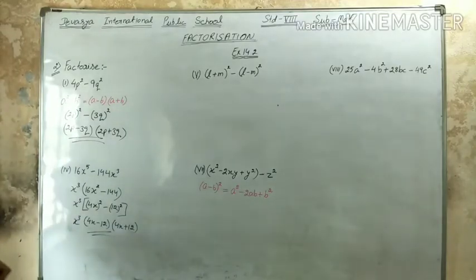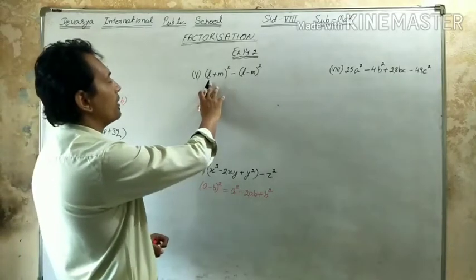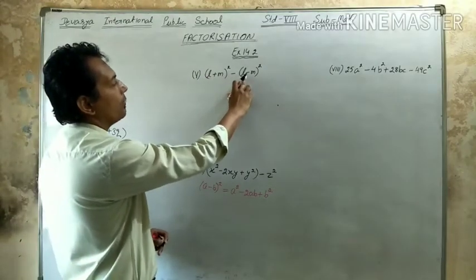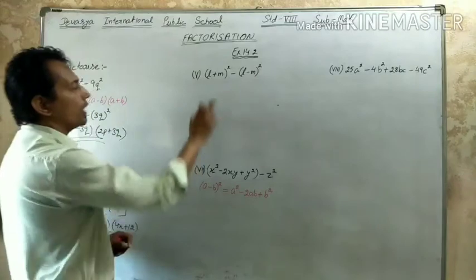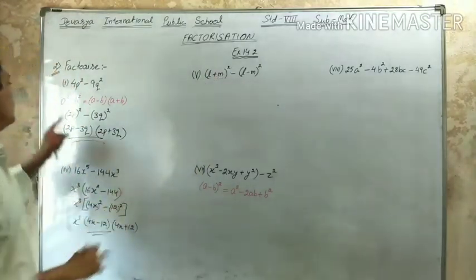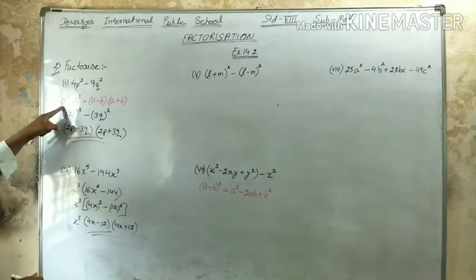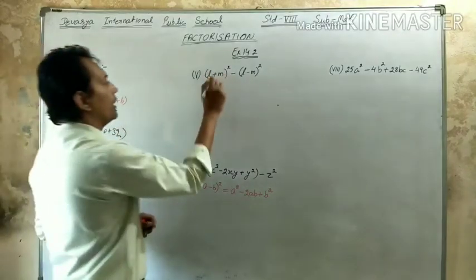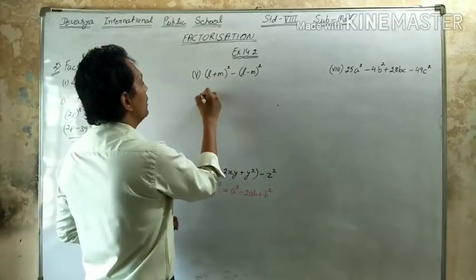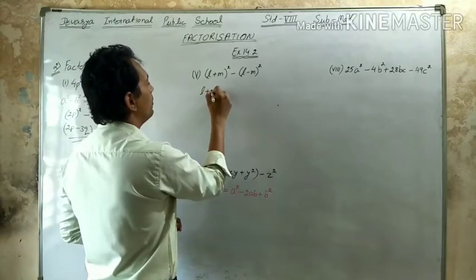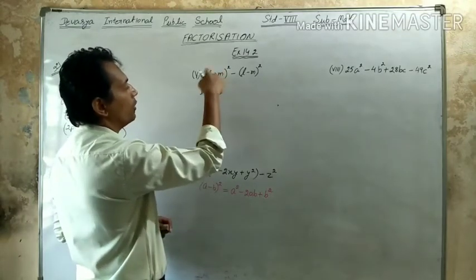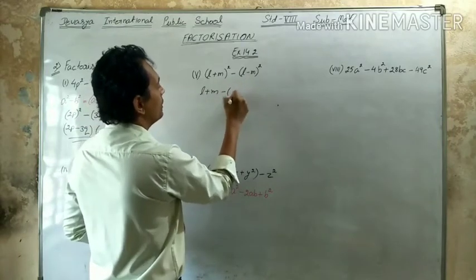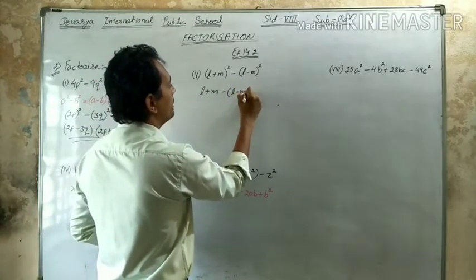Okay. Now we have one more expression, Roman number 5, l plus m whole square minus l minus m whole square. So again, this is in this format, so we can use the same identity, a square minus b square is equal to a minus b into a plus b. Okay, so let's try. l plus m, this whole thing is your a, minus l minus m.